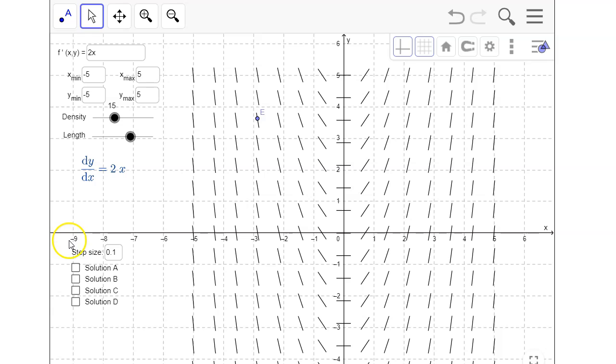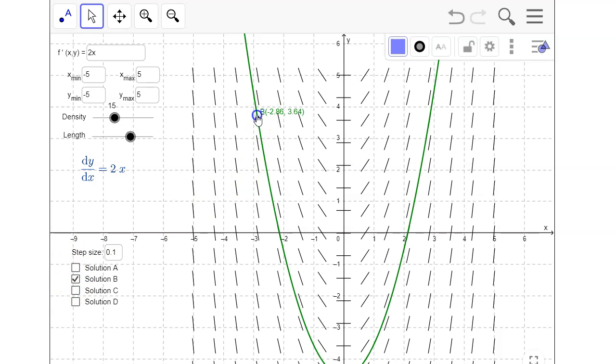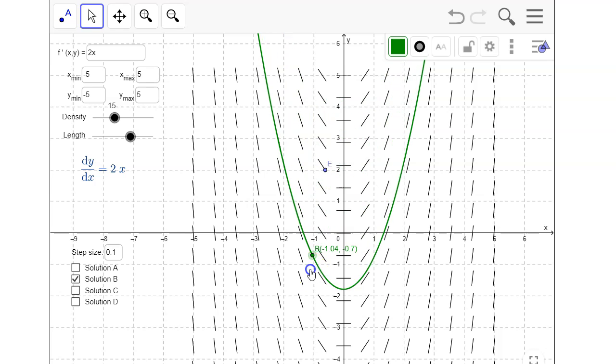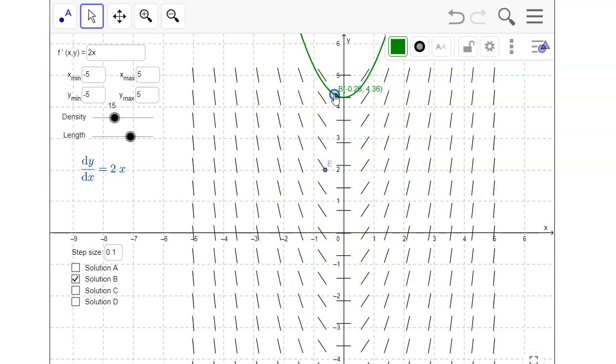And if I add a known point to that and move that point to anywhere I want to, what do I get? I get a unique solution. So there are all these possibilities that I could get for a solution, but if I have a known point, I get a unique solution that goes through there. So that's exactly what we're doing with this.